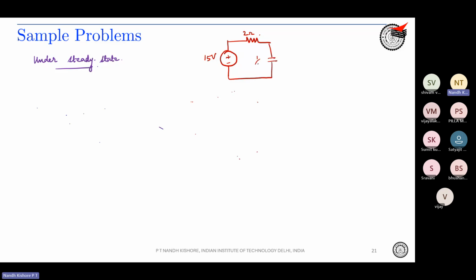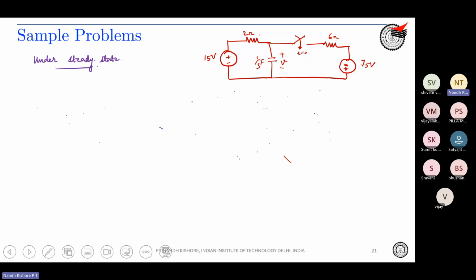This is a 1/3 farad capacitor. You are seeing V over here. There is a switch which was open. This gets closed at t equal to 0. 6 ohms. And then there is another source, 7.5 volts.